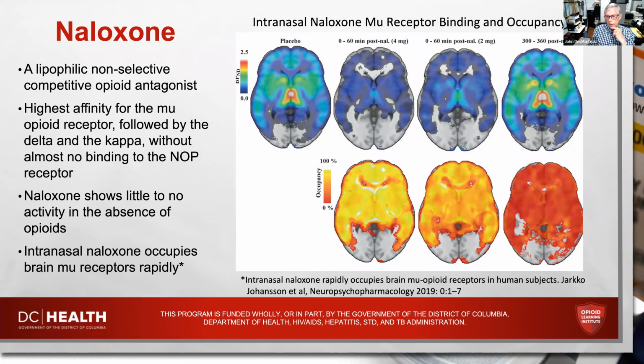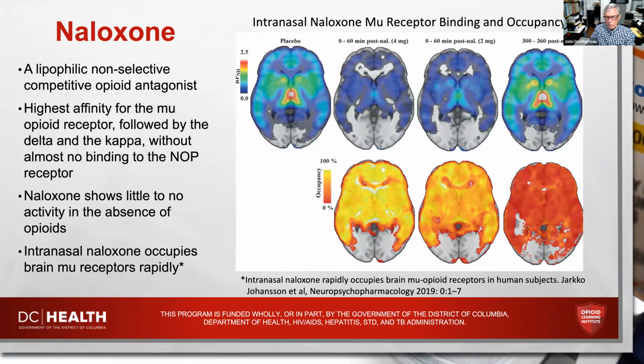Now, here's something. You're all familiar with nasal naloxone. Well, somebody actually did a study to show how quickly it works and how quickly it occupies the brain. If you look at the top row and the second image, that's between 0 and 60 minutes, where 4 milligrams has been given nasally.